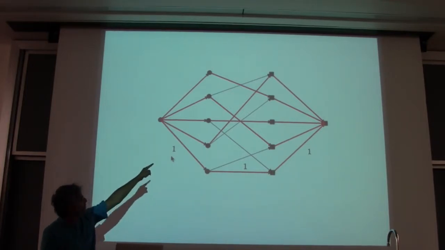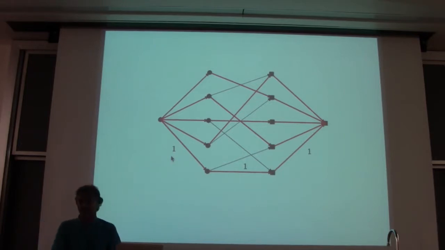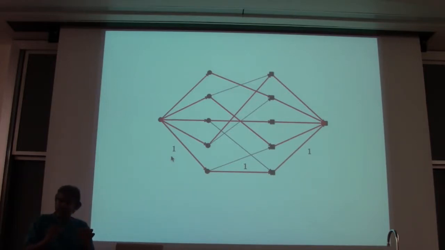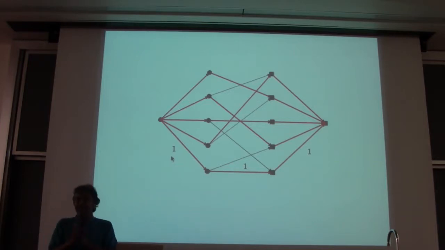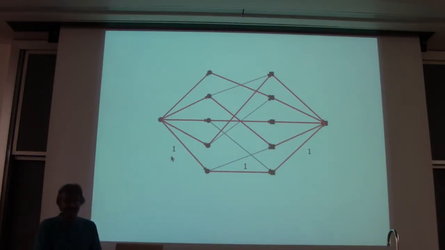It's going to be forced to pick one incoming edge of a vertex to send flow to it. We have no choice in the matter because all the capacities are 1. So by saying the capacities are 1, we have encoded the idea that you can only have one edge that's active coming out of a node and one edge that's active coming into a node, which is essentially what the matching constraint is.